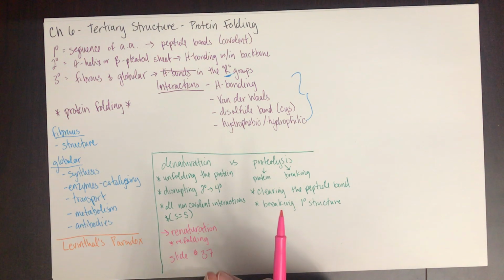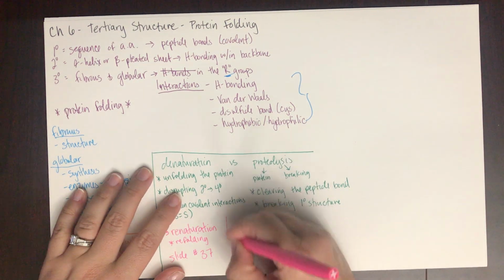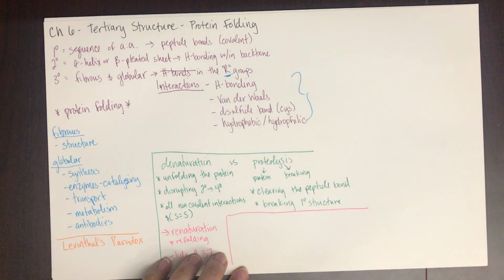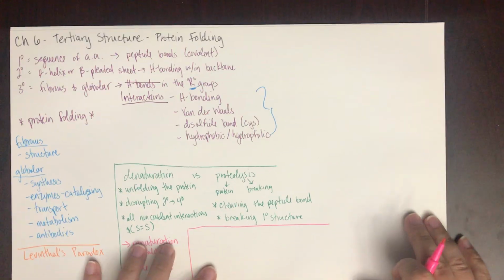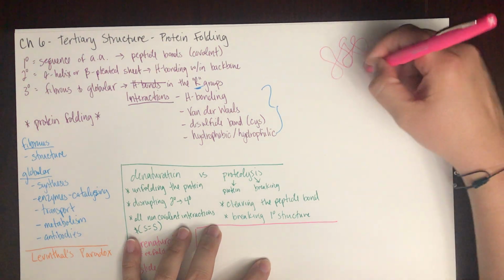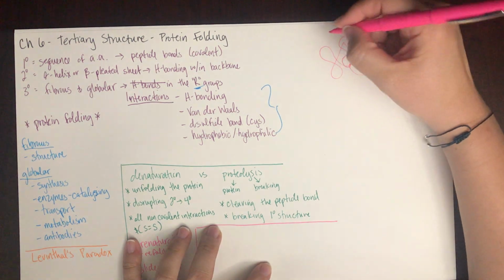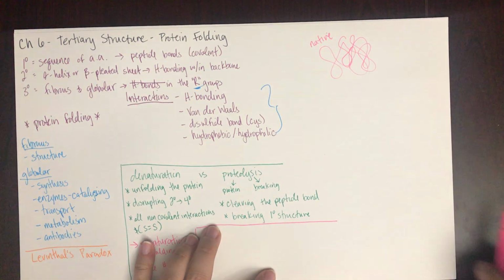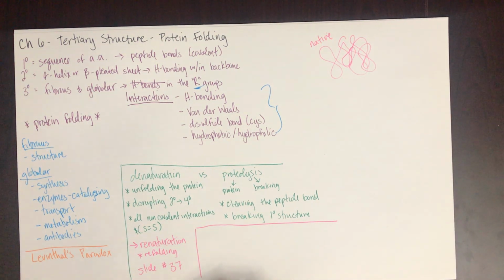So reducing it with BME, so maybe I will draw it over here. So we have this protein that's folded correctly. I'll say this is the native molecule. And then a few things were happening.